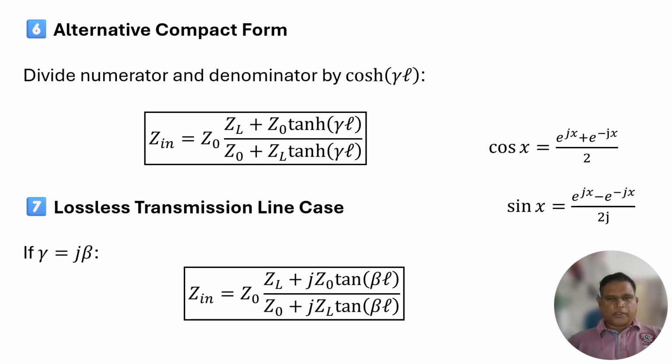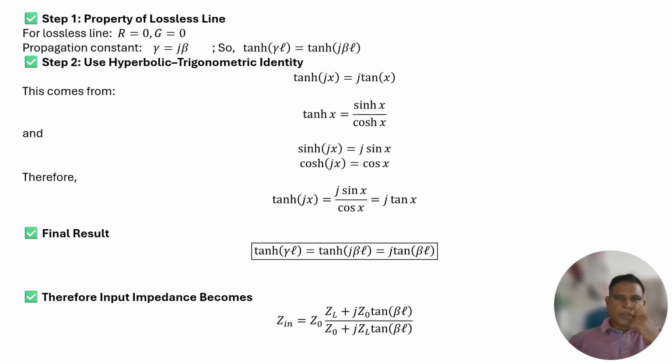Similarly, for the denominator, Z0 plus jZL tan beta L. Here we can see the hyperbolic and trigonometric identity tanh jx is equal to j tan x. For the property of the lossless transmission line, R is equal to 0, G is equal to 0, and the propagation constant gamma is equal to j beta. Now the final result for the input impedance of the transmission line is Zin is equal to Z0 into ZL plus jZ0 tan beta L divided by Z0 plus jZL tan beta L.